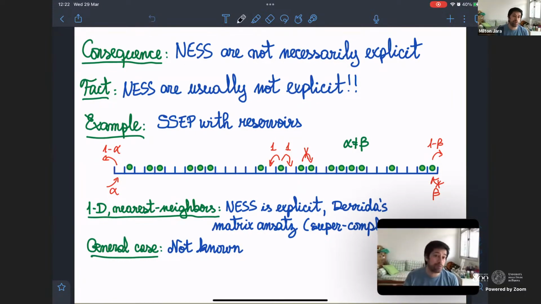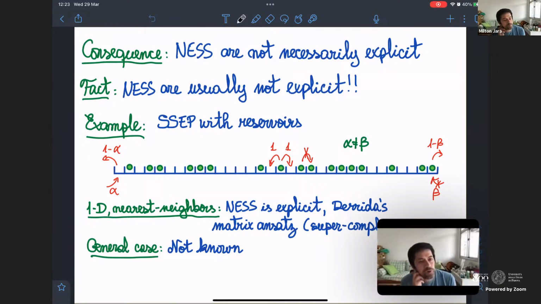They have this interaction because whenever you find that your arrival site is already occupied, you don't perform the jump. So in a sense it's a censored version of just independent random walkers. There is a rejection rule for each one of the jumps of the independent system, which is that at most one particle per site, and that's it.